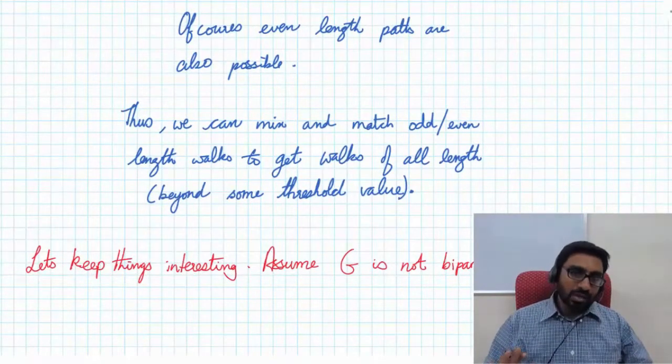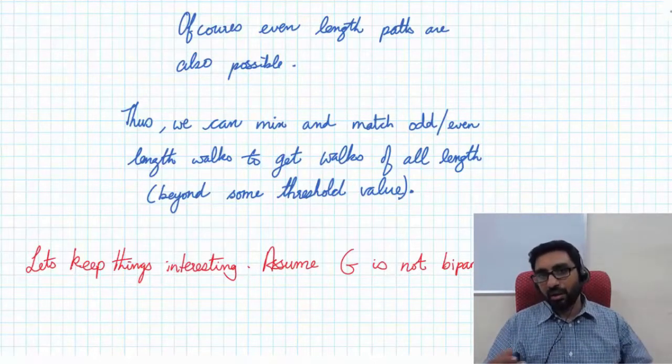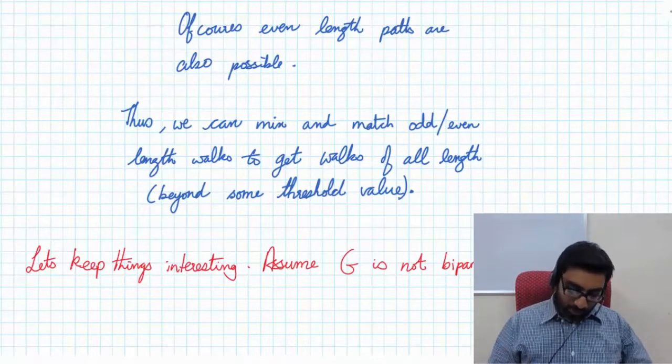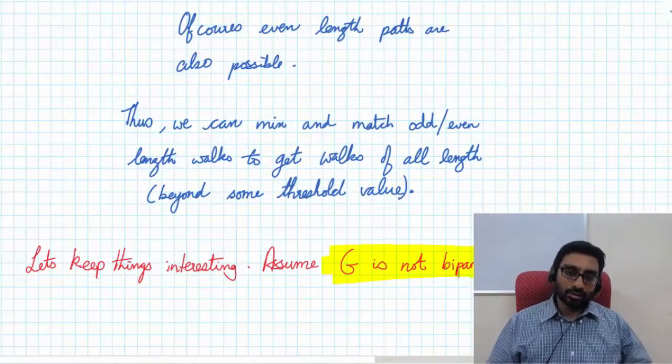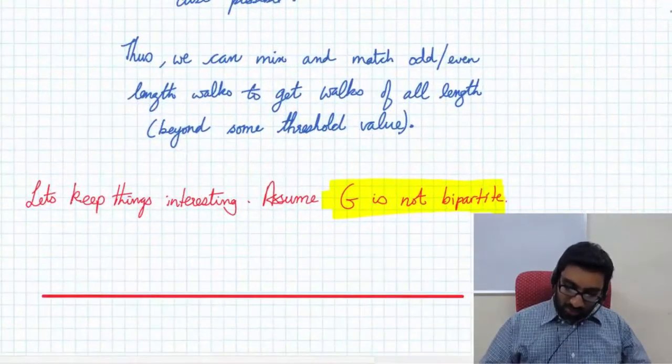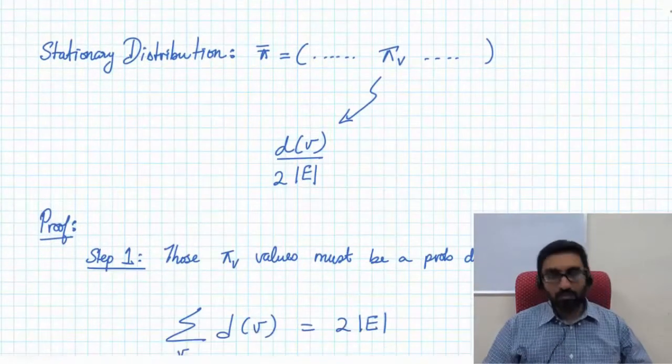So for the rest of this segment, let's keep things interesting. We've been interested primarily in aperiodic Markov chains, so we're going to assume that G is not bipartite. This means that a random walk on such a graph is going to be aperiodic.